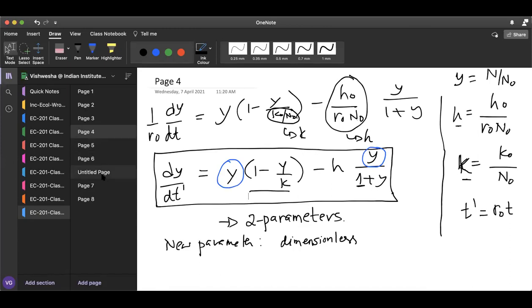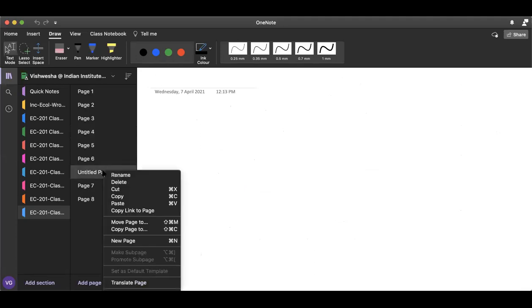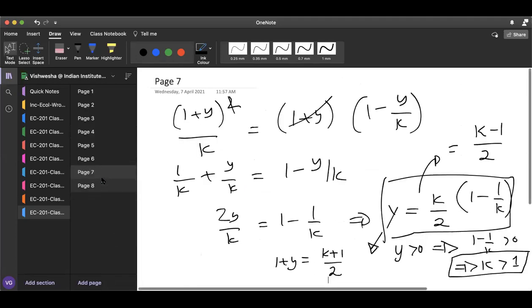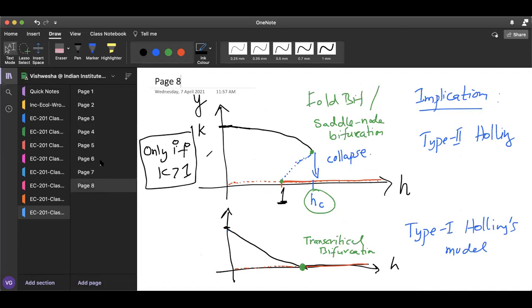I have a follow-up question here. As you shared earlier in the class, if we have three such constants, like carrying capacity and another one also, we can reduce only by one.